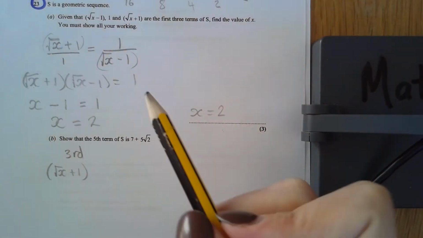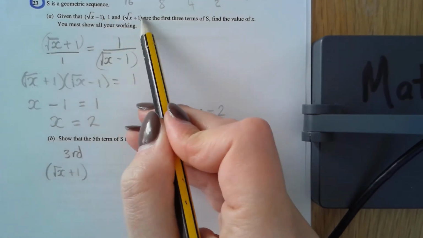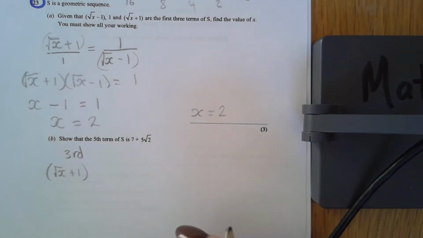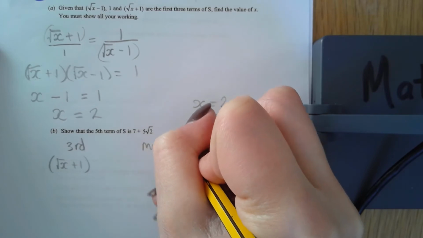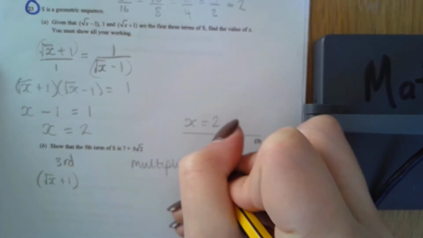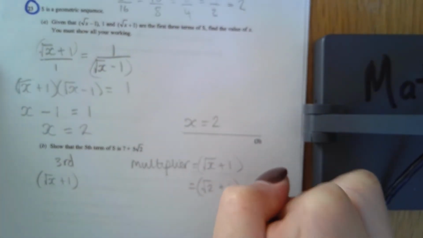How do I get from 1 to root x plus 1? Well, I must times 1 by something, 1 times root x plus 1. So my multiplier is root x plus 1, but I know what x is now, so it's root 2 plus 1.